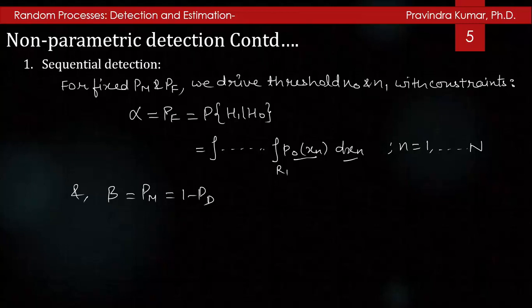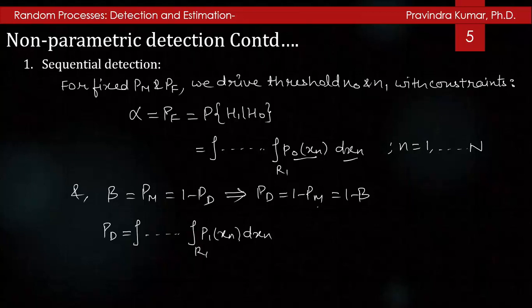It is 1 minus the probability of detection. So from here the probability of detection will be equal to 1 minus Pm, or 1 minus beta, and you can write the probability of detection as the N-times integration over the critical region of p1(xn) dxn, which equals the N-times integration over R1 of p1(xn) divided by p0(xn) times p0(xn) dxn.